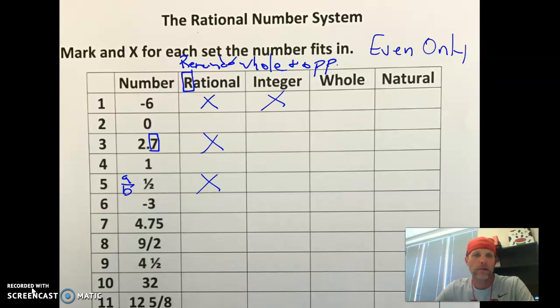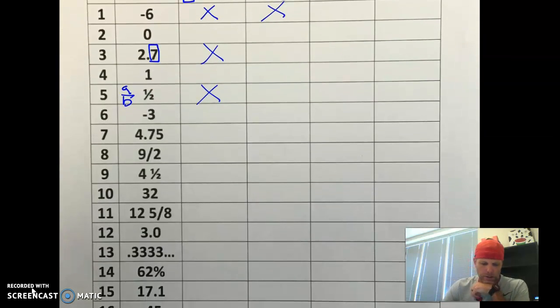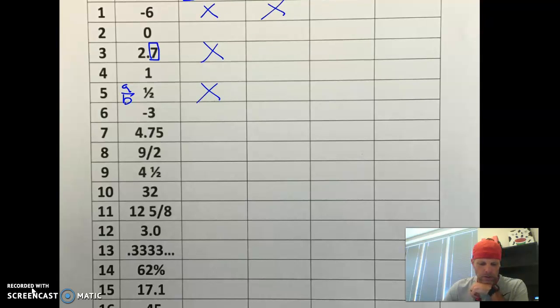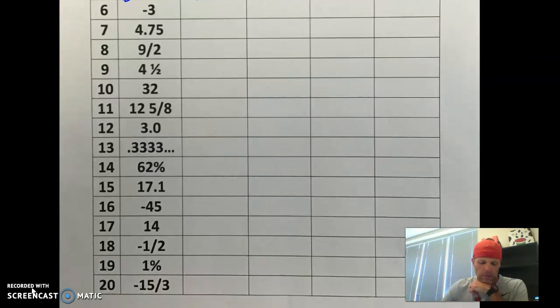No, it's not. So it's only rational again. I want to go to, let's see here. 15 is rational. 17 is a whole number. Let's go to 19. 19.